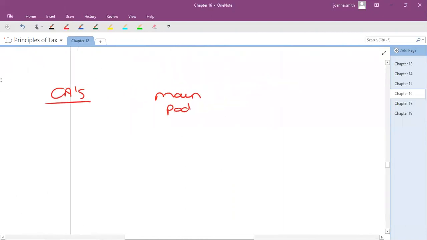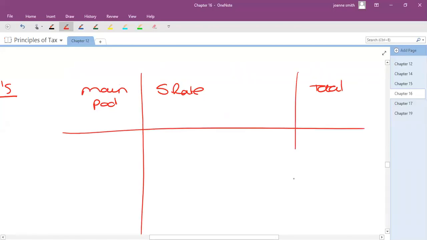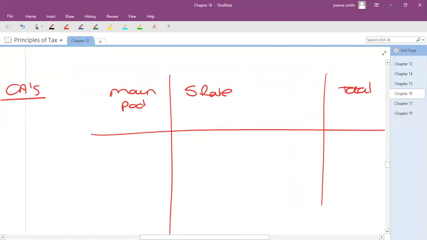I'm going to set up a column for the special rate because I suspect we might have one. And then I'm going to set up a total column. So brought forward in note number 6, 18,000.